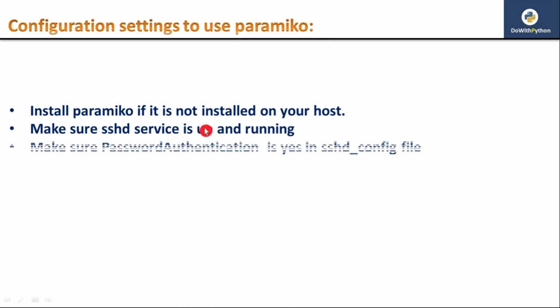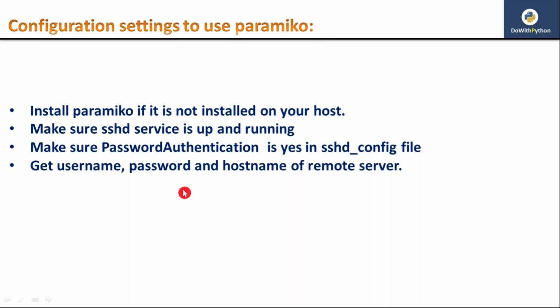One more thing: make sure password authentication is yes in the SSHD config file of your remote server. By default, password authentication is no in the SSHD config file, but you need to make it yes. Then get the username and password you are going to connect with, and apart from that, you need the host name of that remote server.